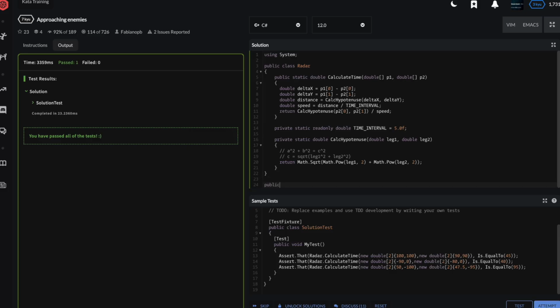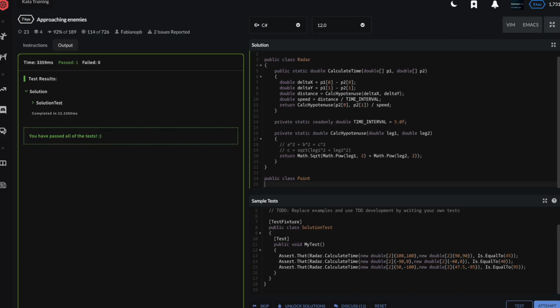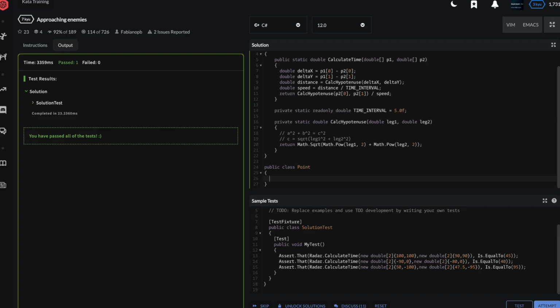So don't be afraid to make classes. That's another beginner thing that people shy away from. Get comfortable with making classes. Normally these would be in separate files. Because of the environment here, I'm just going to make my class right here. I'm going to say public class Point. But classes are your friend. Get comfortable making them. You want to make them a lot. You want to make them very small, focused, single responsibility.